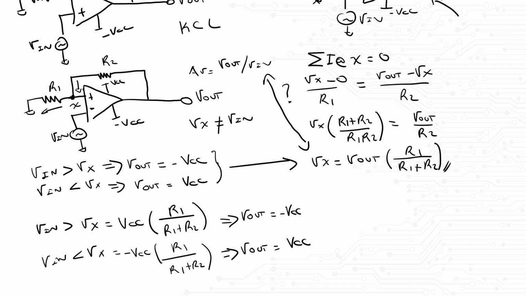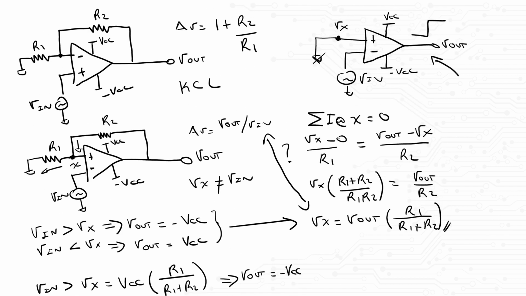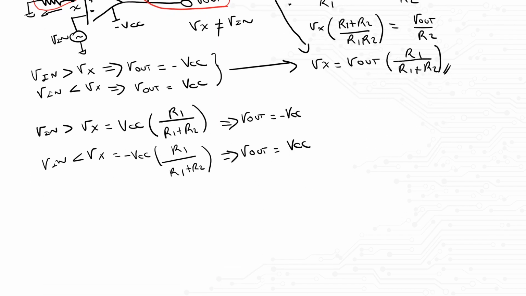So, we know positive feedback means the output will always be either VCC or negative VCC. Of course, assuming the OpAmp is ideal. Now look at this branch over here. If the output can be either VCC or negative VCC, isn't this nothing more than a resistor divider? No current can flow to the input of the OpAmp after all.